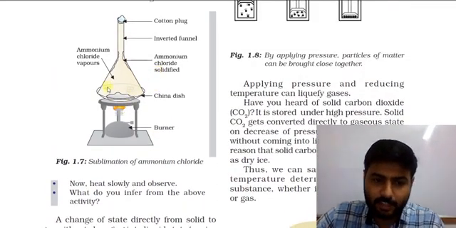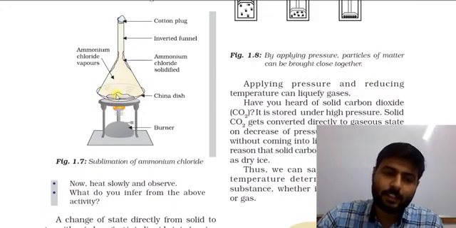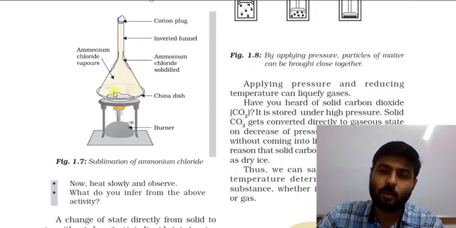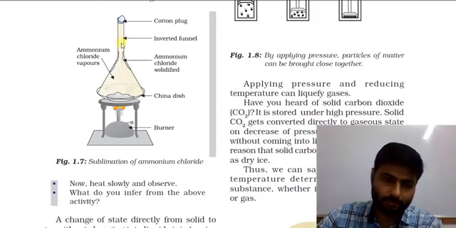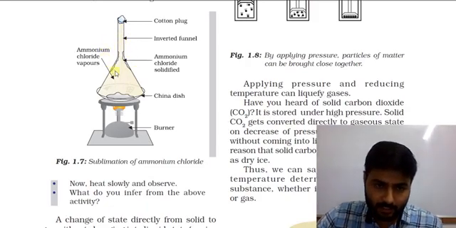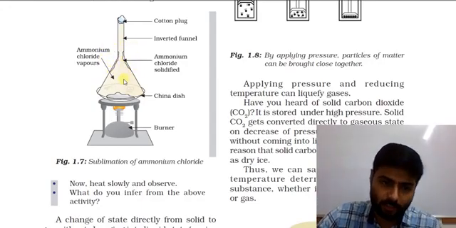When we heat this camphor, what will happen? It will directly convert into gaseous state, it will evaporate and convert to gaseous state. You can see here the ammonium chloride, or we can say camphor, is solidified.